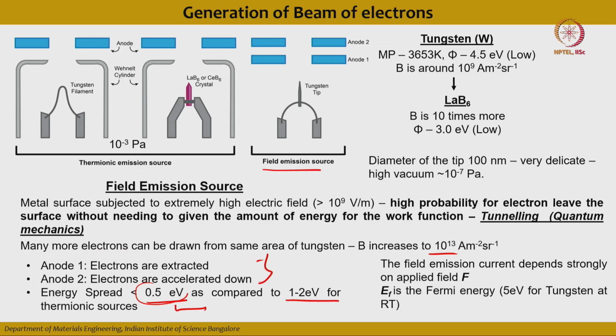Okay. So now we have generated the electrons and we have accelerated them, correct. Now these electrons actually have to be accelerated much faster with a velocity across the column, correct. For doing that we use certain lenses which are called electromagnetic lenses.